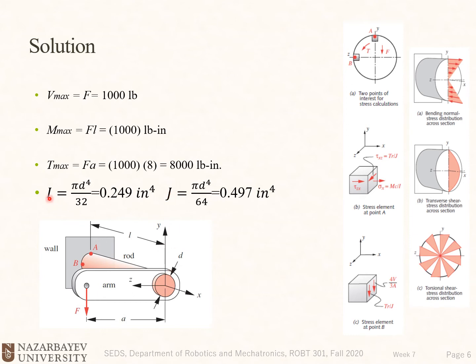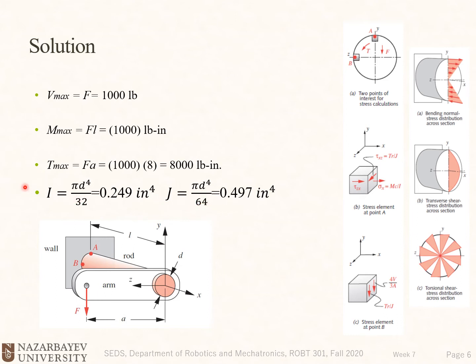So J is equal to 2I for the case of solid circular cross sections, or J is equal to pi d to the power of 4 divided by 32.